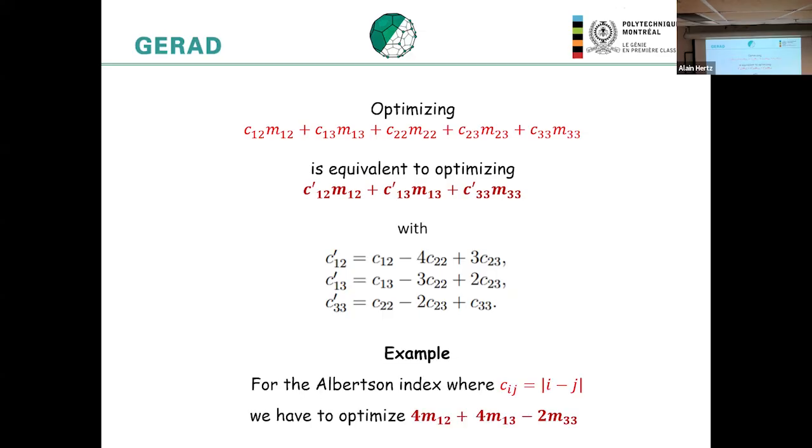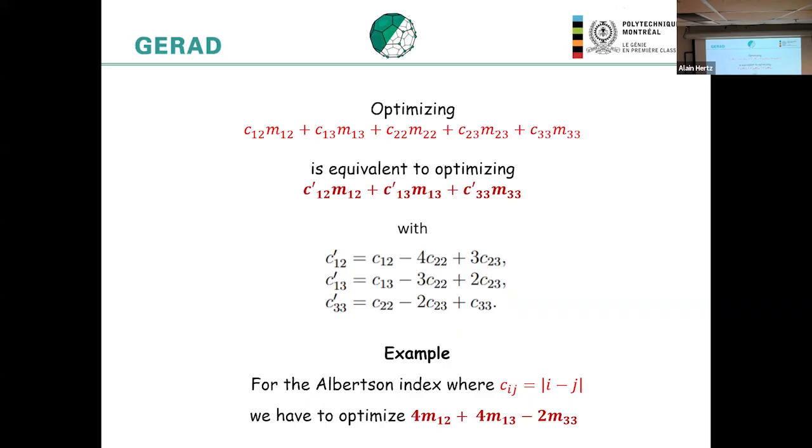If you take the Albertson index, I have to compute C prime 1,2, C prime 1,3, and C prime 3,3. So for example, for Albertson, it's the absolute value of the difference. So this is 1 minus 4 times 0 plus 3 times 1. This is 4, so you have 4 times M12. And this is 2 minus 0 plus 2. This is 4 also, so you have a 4 here.